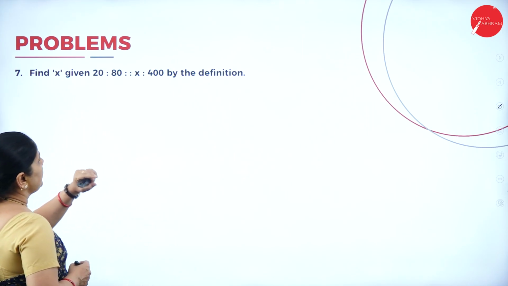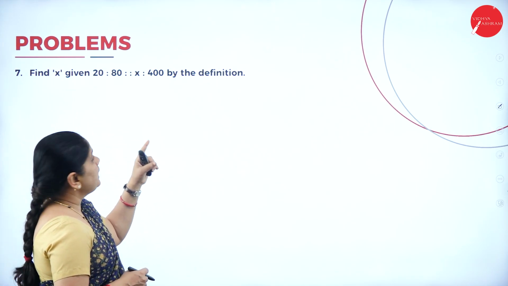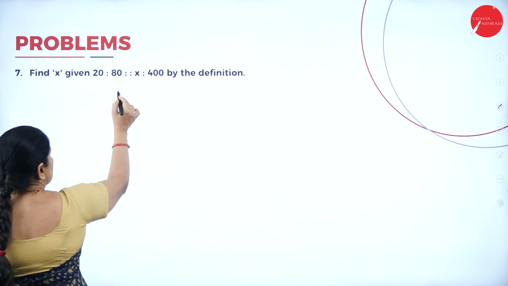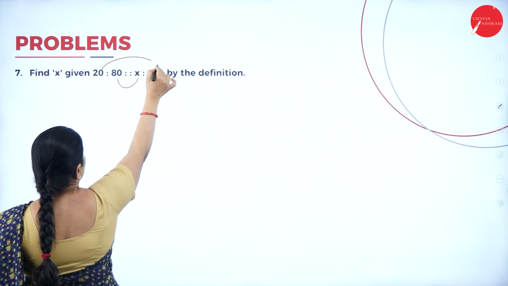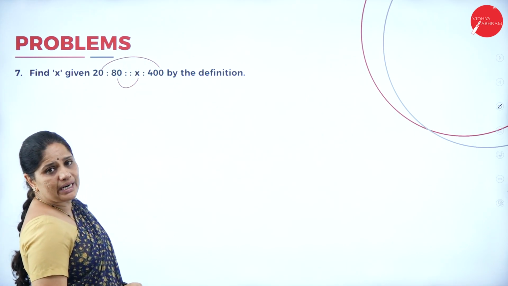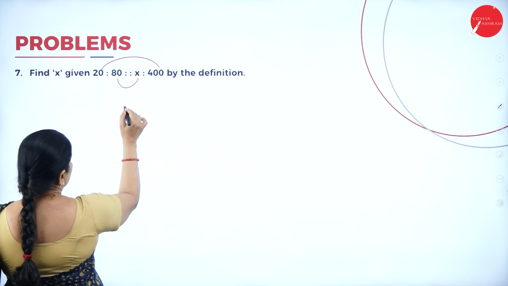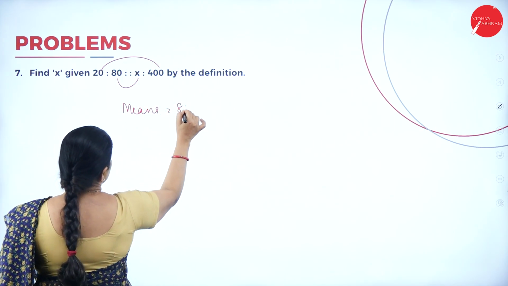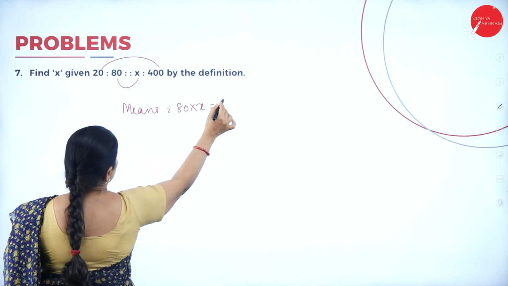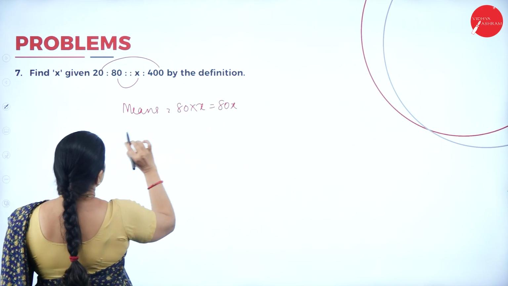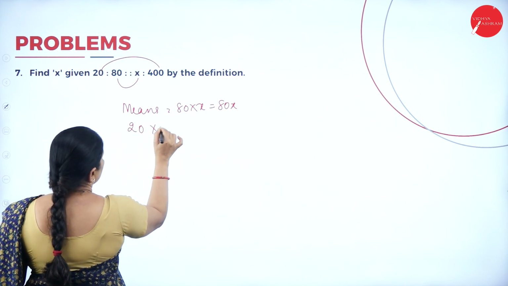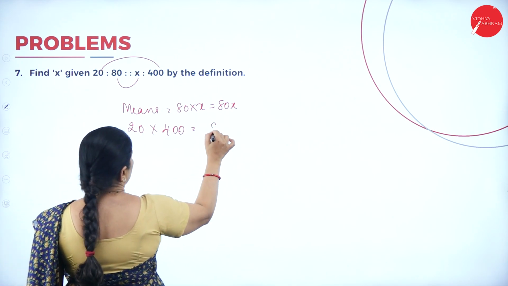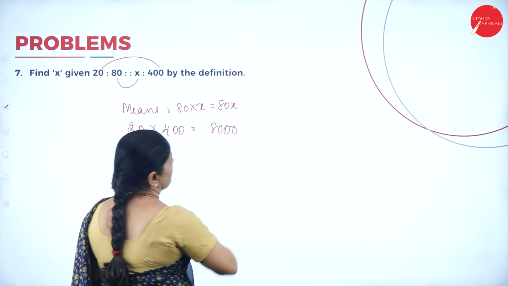Find x given 20 is to 80 is as x is to 400. By the definition, we know that the product of the means is equal to the product of the extremes. So means equals 80 into x, that is 80x, and extremes 20 into 400, that will be equal to 8,000.